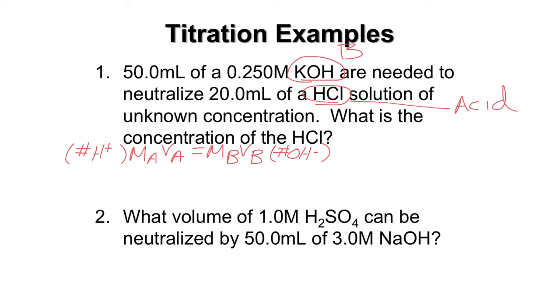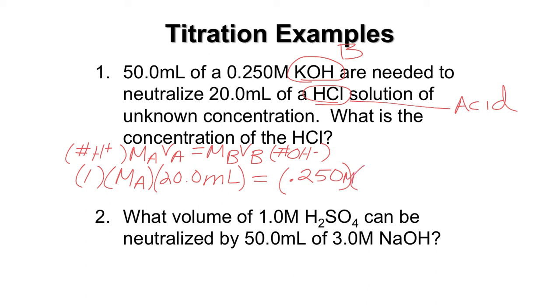All right, so our acid is HCl. We have 1 H in it. We are looking for the concentration of our acid, so that's our unknown. And we had 20 milliliters of our acid. The molarity of the base, KOH, is 0.250 molar. The volume of the base used was 50 milliliters, and there's only 1 OH in KOH.